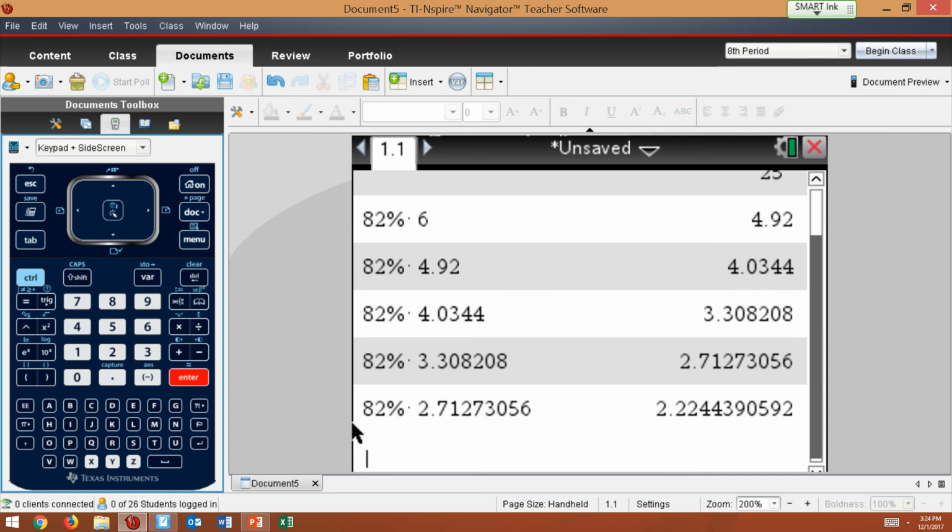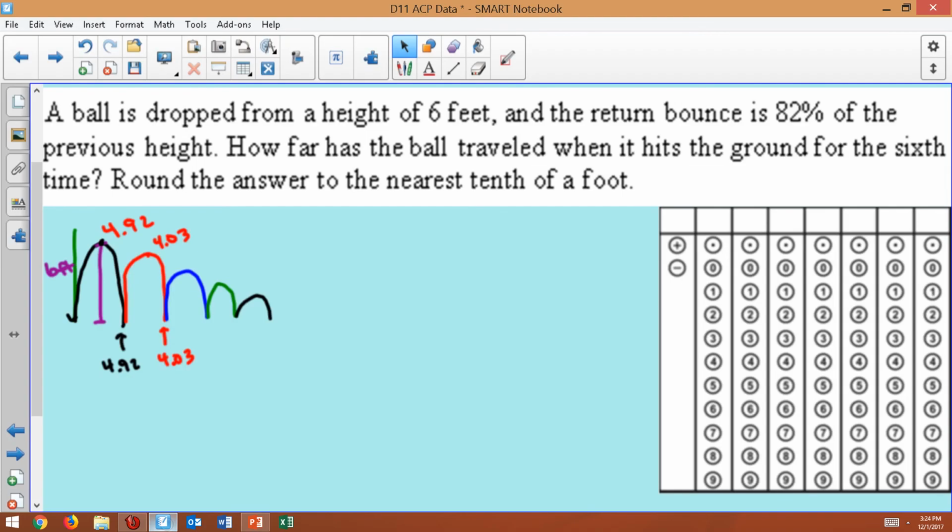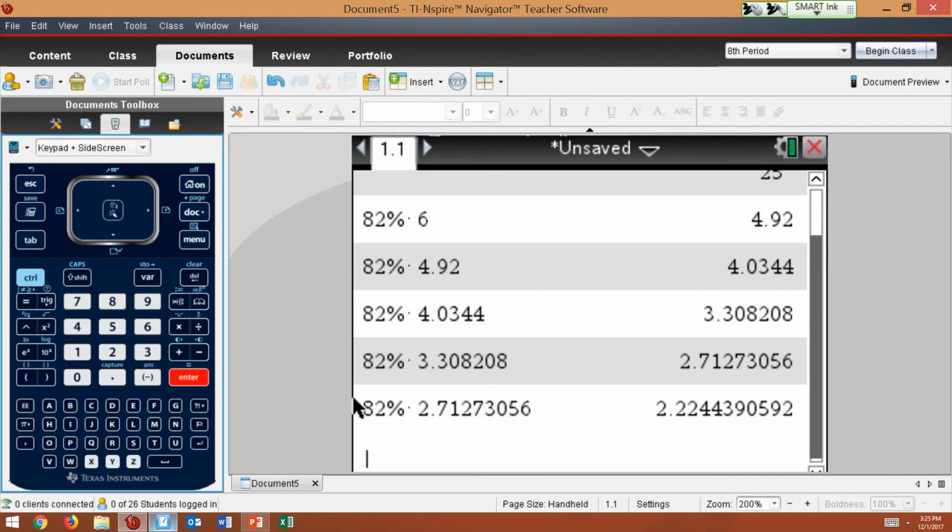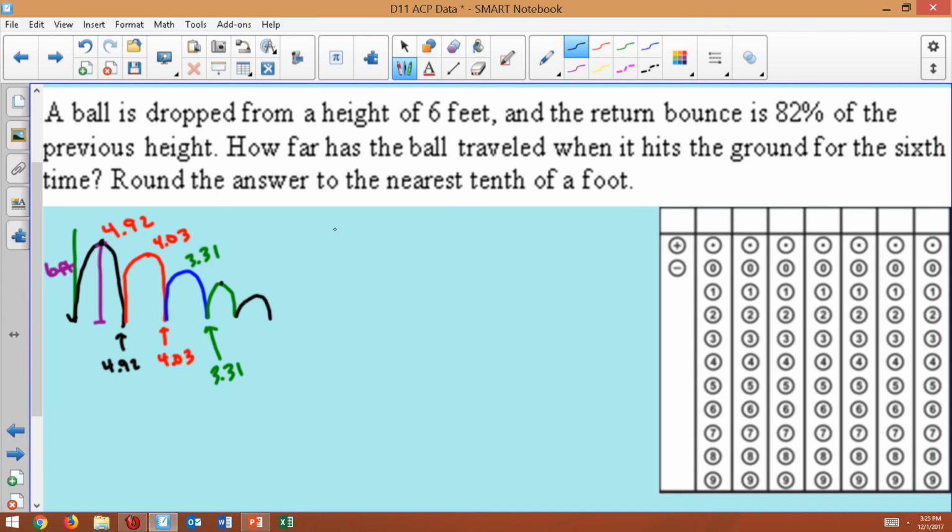Okay, so there's our bounces. So we'll say we have 3.31, and that would make this also be another 3.31. And then here, we'd go to get this bounce, and after 3.31, it looks like 2.71. So we'll have 2.71, and this would be another 2.71.